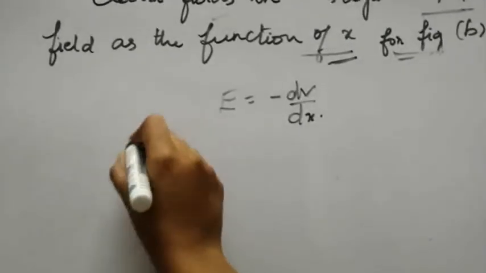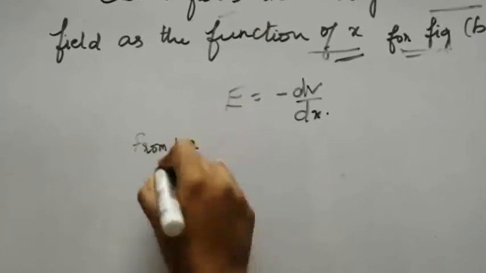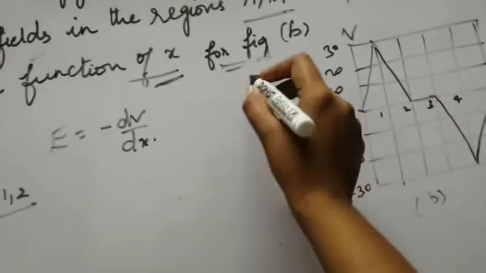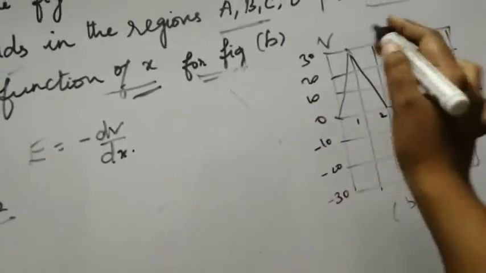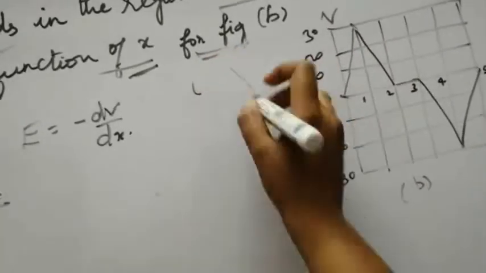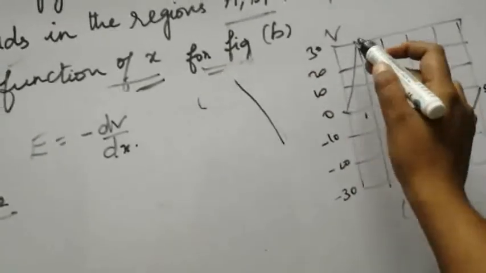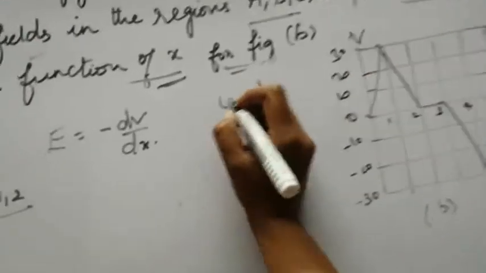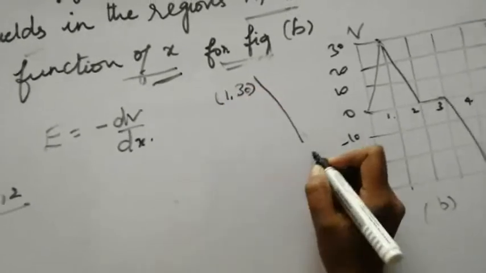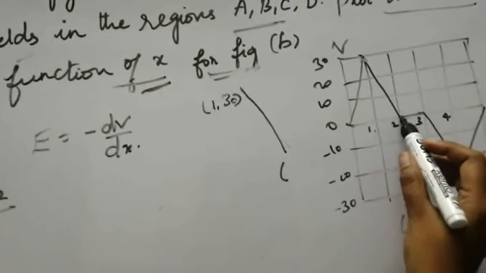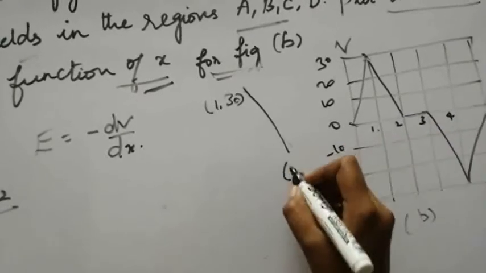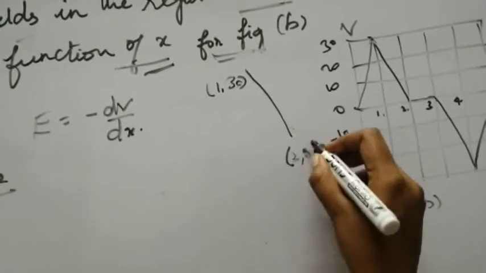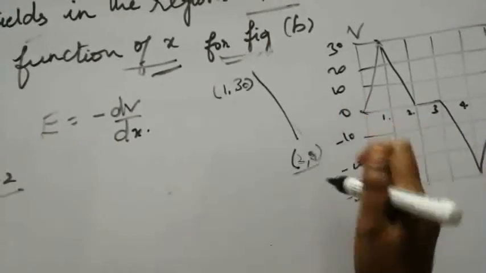So we will move on with the second region, from 1 to 2. 0 to 1 is over, next 1 to 2. For 1 to 2 it is sloping the other way. The initial point is here, which is 1 on the x-axis, 30 on the y-axis. So it is 1, 30, and the final point is 2 on the x-axis, y-axis again 0.